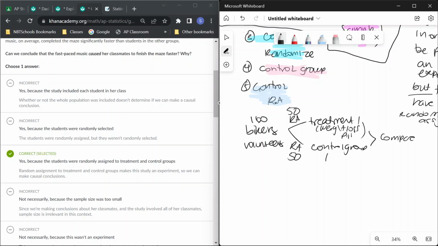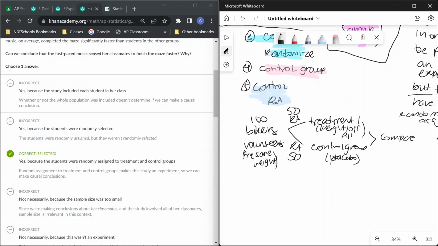And then this is a placebo, right? 100 biker volunteers with the same weight, so everything is the same. 50 were randomly assigned to treatment 1, which is a weight loss pill, and the rest were assigned to a control group, which was a placebo. It was blind, they didn't know.